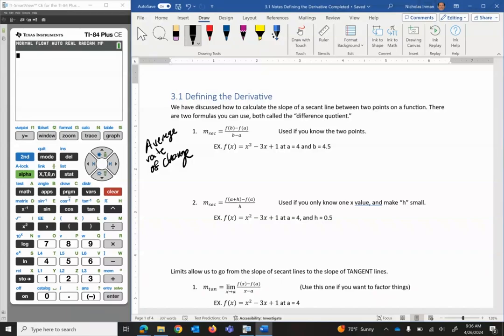To do this, we'd have to plug in 4 and 4.5. So f of 4, I'm plugging in 4 to this function, and then I am plugging in 4.5.